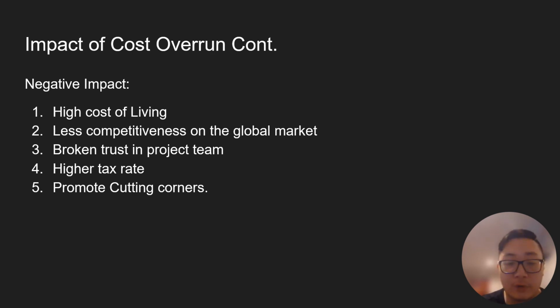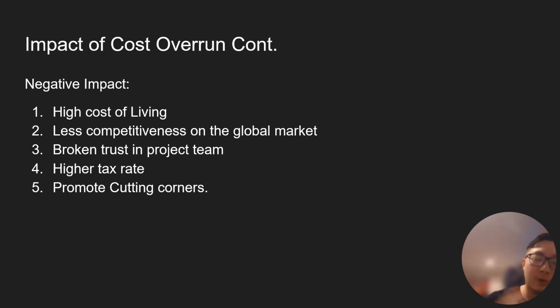They have to charge more in the market. They have to ask for more money to counter that escalation in cost because they're not in business to lose money. So the end user ends up spending more money on it. Second, less competitive on the global market.